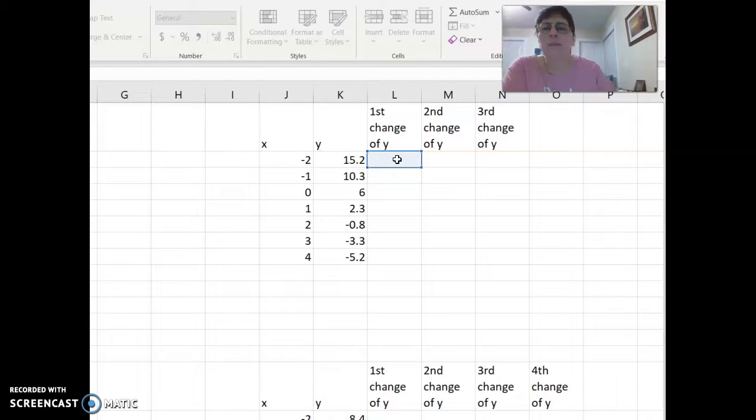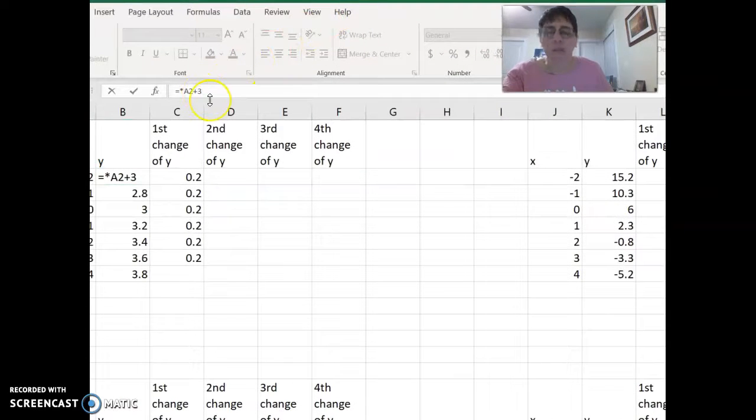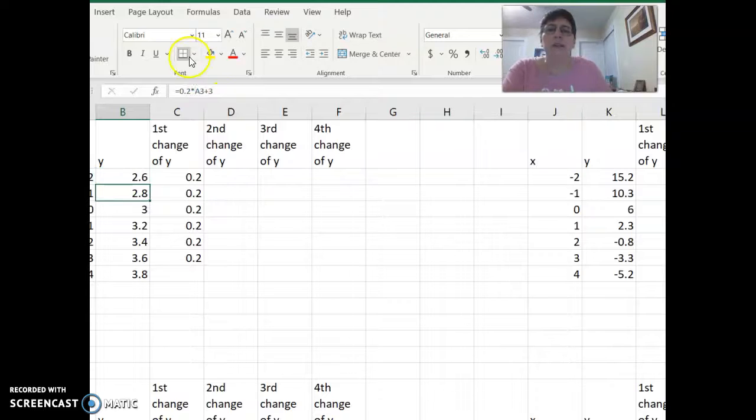Equals... okay, sorry, I was still in the formula side up here, so I need to get 0.2 in there. 0.2, hit enter. Now I can come over here to this next one.